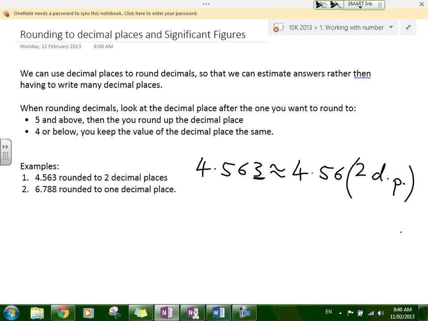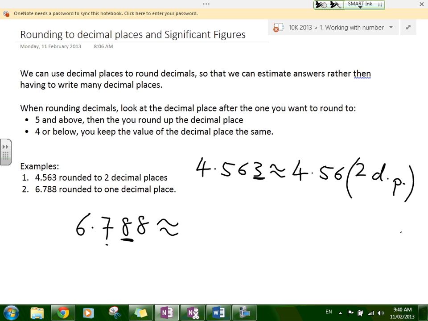Alright, next one is 6.788, rounded to 1 decimal place. So we can say, well, 6.788, okay, so we put the curly equal sign. So if we say we want to round it to the first decimal place, to 1 decimal place, we have to look at the second decimal place, which has 8, so what are we going to do? We're going to round up.